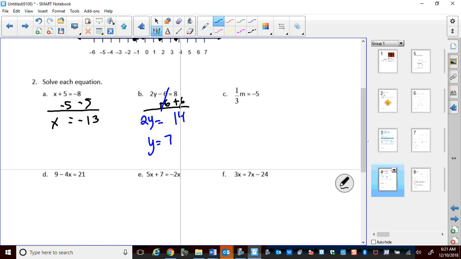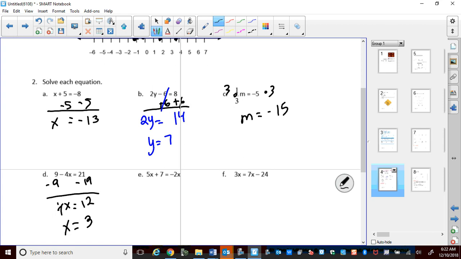Next one, I'm going to multiply 3 on both sides. M equals negative 15. This one, subtract 9 on both sides. I get 4x equals 12, or x equals 3.